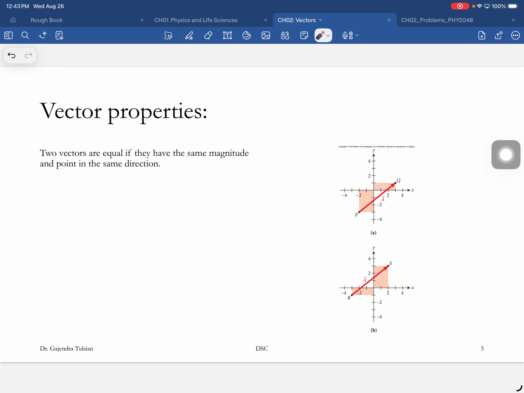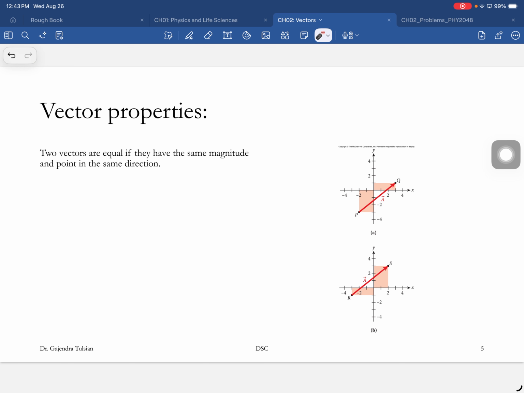Here's another thing about vectors. If you have two vectors that have the same magnitude and the same direction, then they're equal. It doesn't matter where you draw the vector. The starting point doesn't matter.